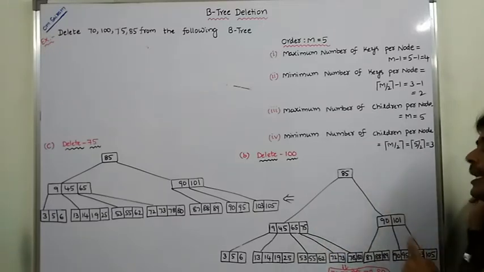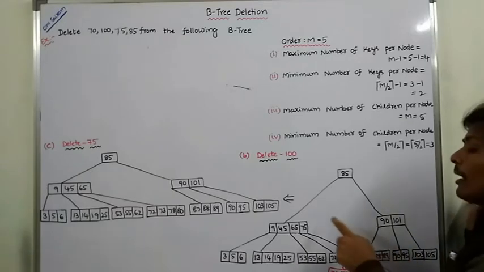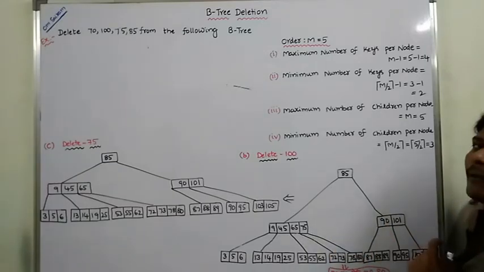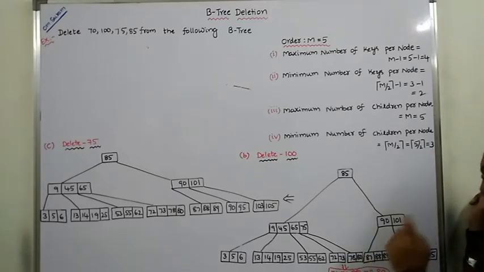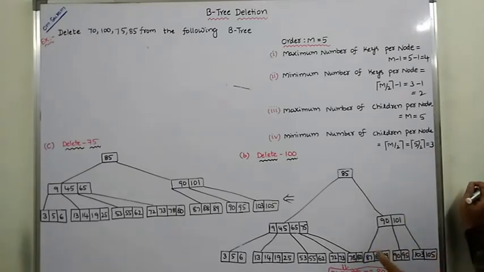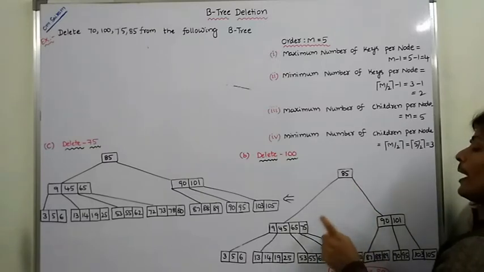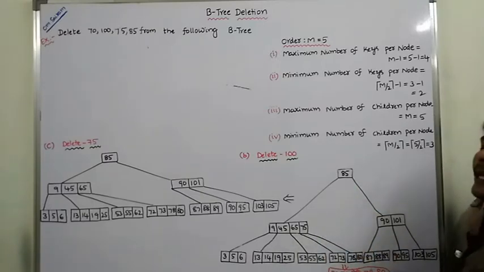Now consider the in-order successor. For the in-order successor, we consider the right subtree. The right subtree contains a node with two key elements, which is the minimum number of key elements. So it is not possible to replace target key element 75 with the in-order predecessor or in-order successor.